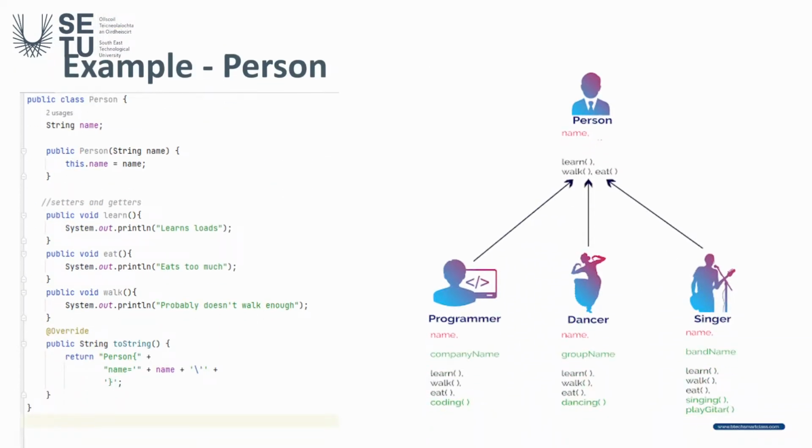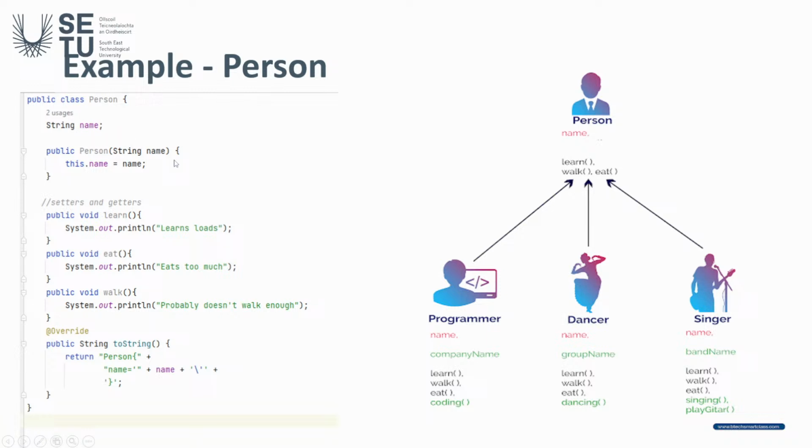So this is our person example. So public class person, all of the general information is going to go in here. We're just sticking with name. So we're saying String name, this is the general information.